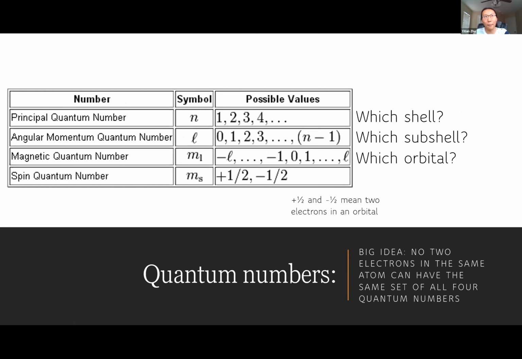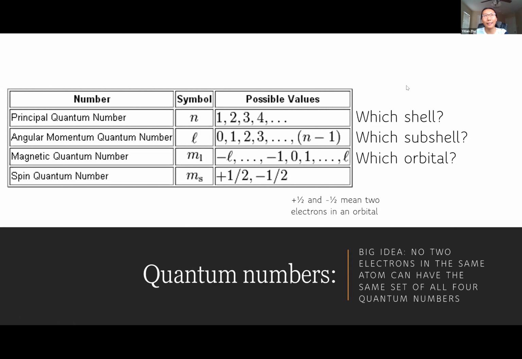So I guess we can use kind of an analogy of an apartment building where the principal quantum number, which has the symbol N, tells you which shell the electron lives in, and which shell is analogous to which floor of the apartment that the electron lives in. The next quantum number, which is L, the angular momentum quantum number, tells you which subshell.